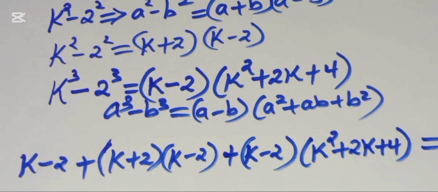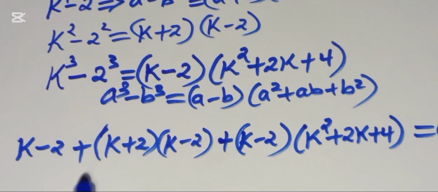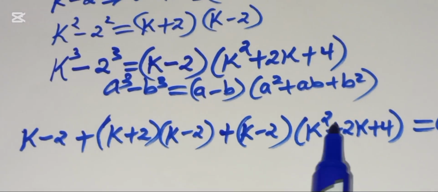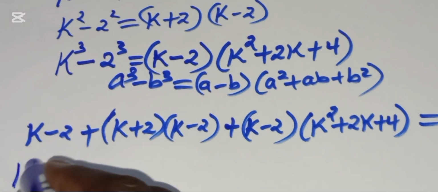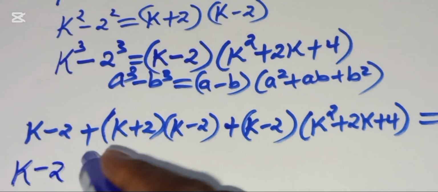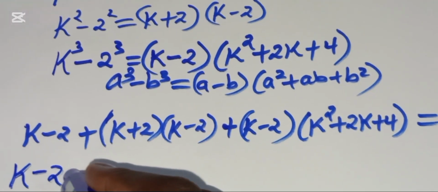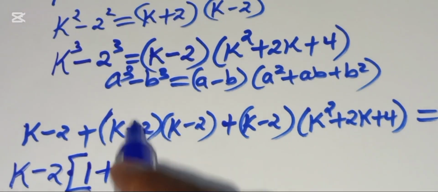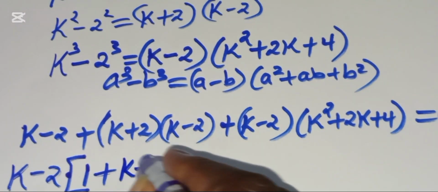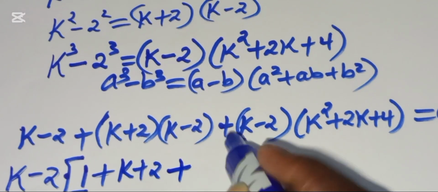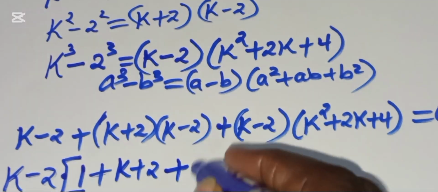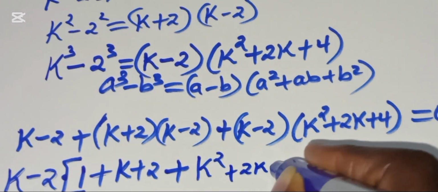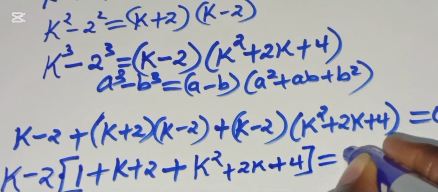Okay. Now from here we factor out, you can see k minus 2 is common in parts 1, 2, and 3. So we factor out k minus 2. So that we're going to have 1 plus, now here we have k plus 2, plus k squared plus 2k plus 4, everything equal to 0.